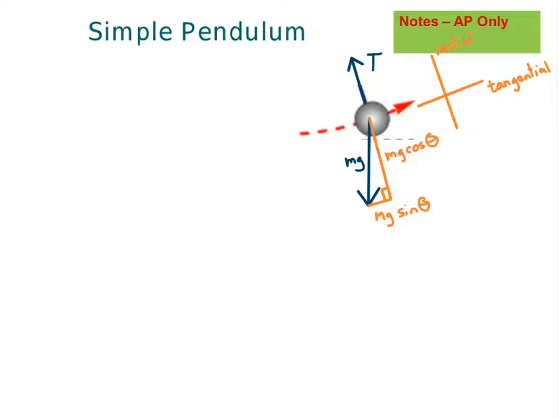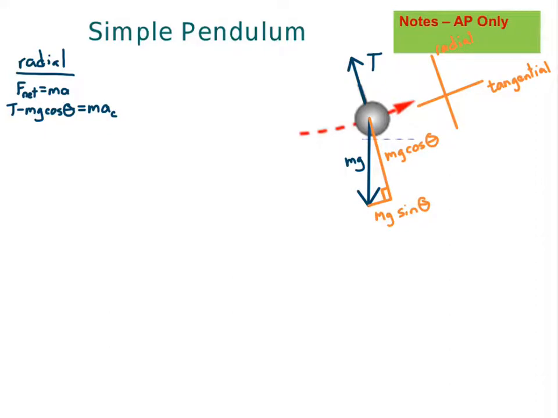Okay, after I have broken down all my forces, now I have to write F net equals ma for the radial direction. And that's going to be T minus mg cosine theta equals m times a_c, which is the centripetal acceleration of our pendulum.